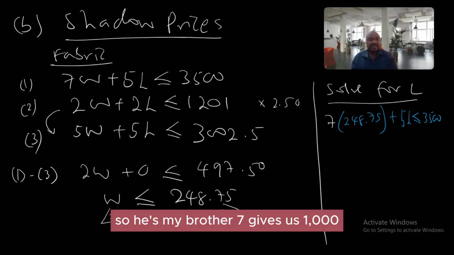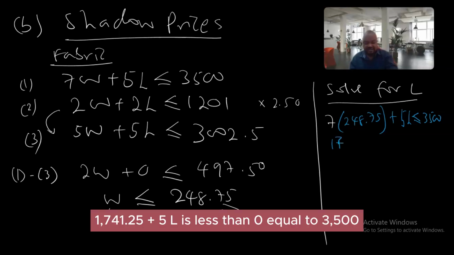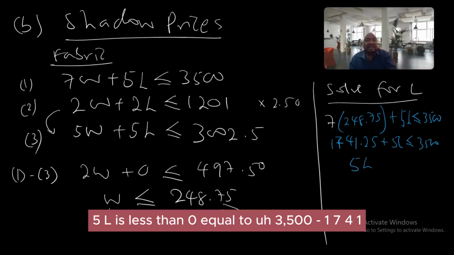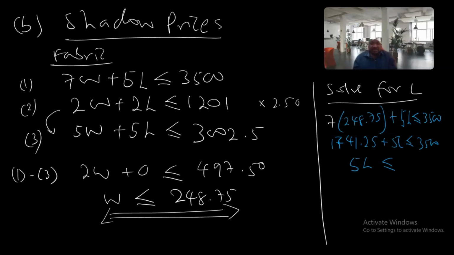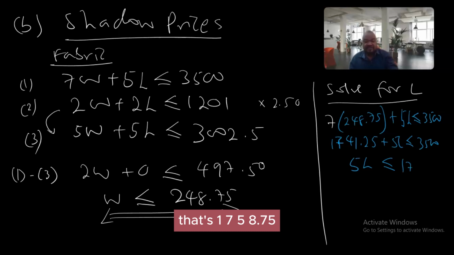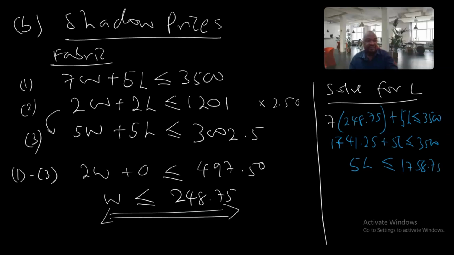Multiplied by 7 gives us 1,741.25 plus 5L is less than or equal to 3,500. 5L is less than or equal to 3,500 minus 1,741.25, that's 1,758.75.